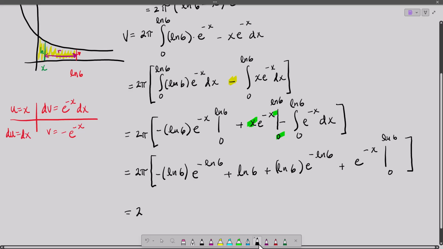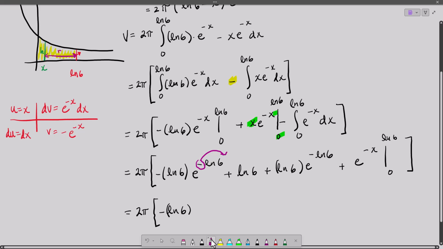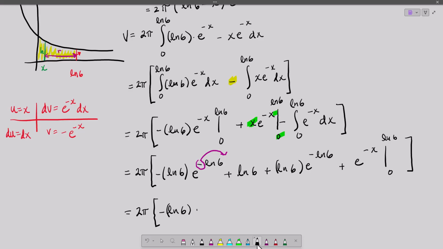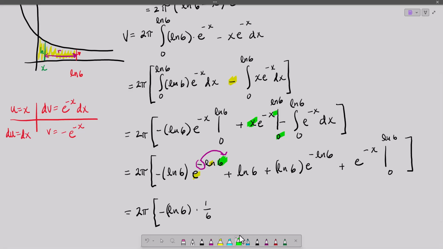So this 2 pi we'll just deal with that later. Bracket. So there's a little simplification that can happen here. So we have minus natural log of 6. This coefficient can come up as an exponent. 6 to the -1 is 1/6. And remember that the e and the natural log will cancel each other out, getting whatever this constant is in here, which is 6 to the -1, which is 1/6.